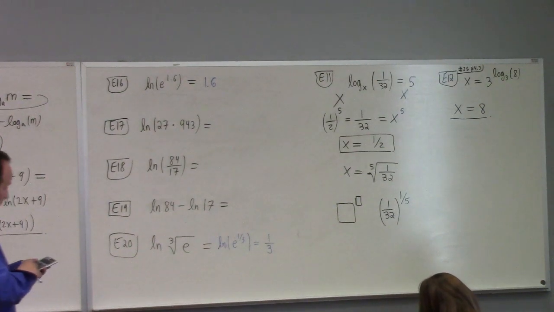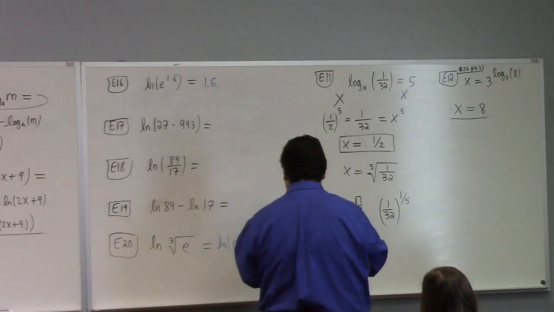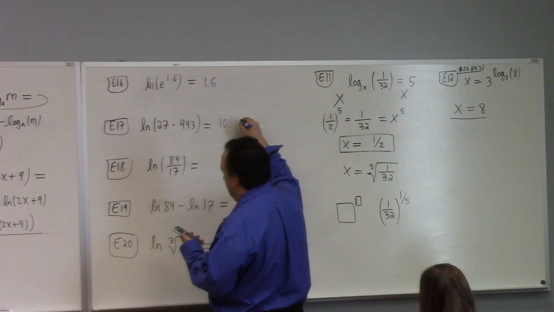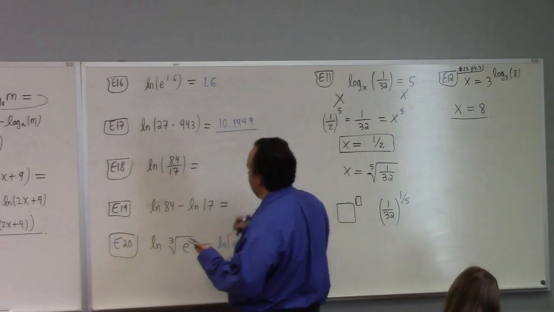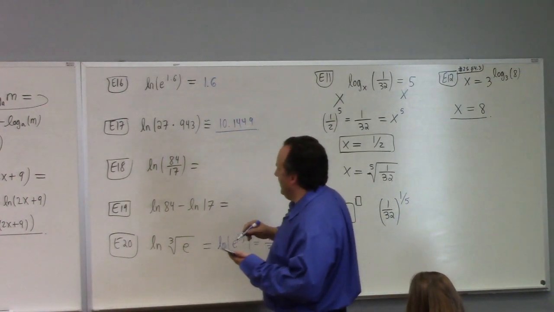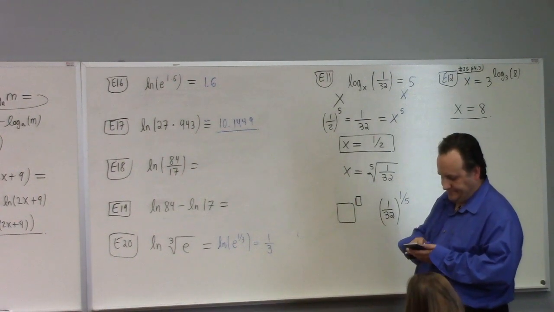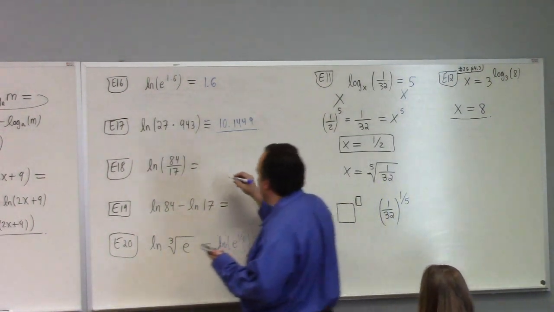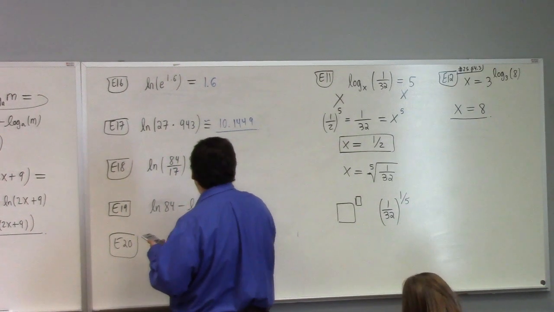Natural log of 27 times 943, what do we get? 10.1449. All right, so that's approximately. How about the natural log of 84 over 17? I get 1.5976 approximately.